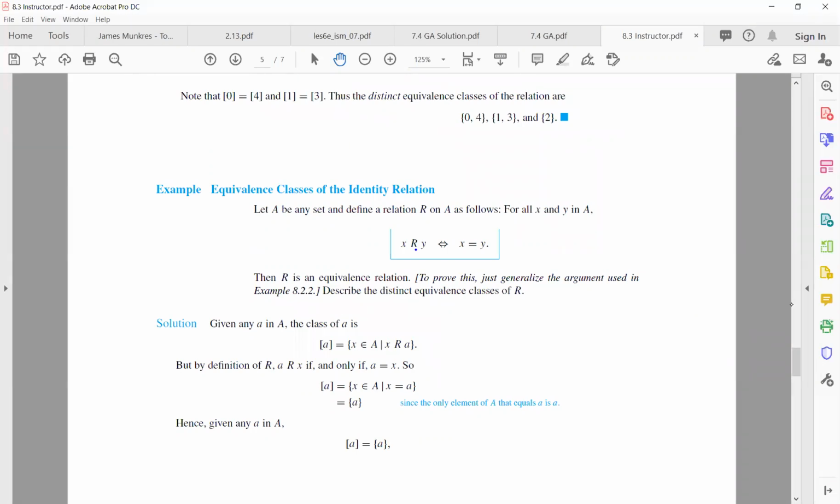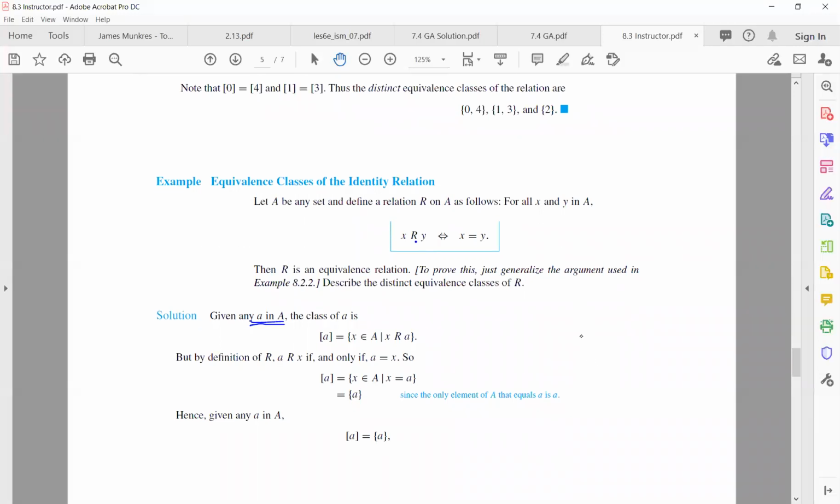So open bracket, close the bracket, including a random member a in A. Using the definition, it's the set of all elements x in A such that x is in relation with a. Very well. What elements are in relation with a? This relation is defined as equality.